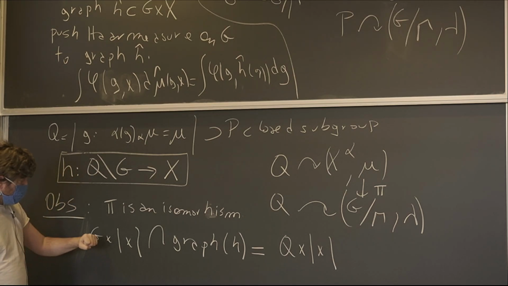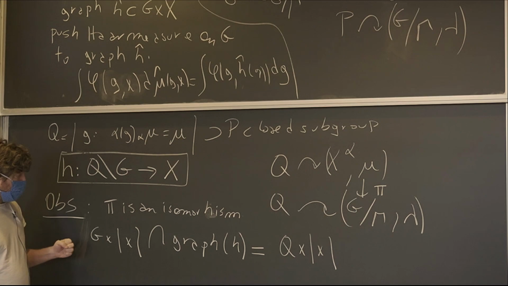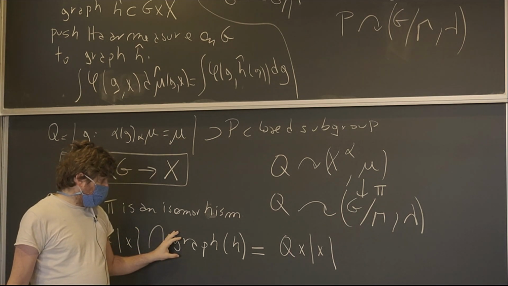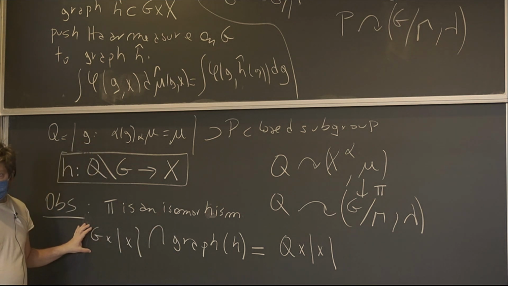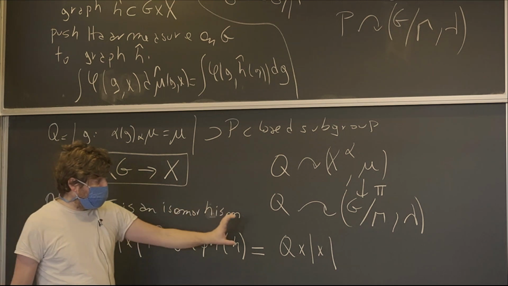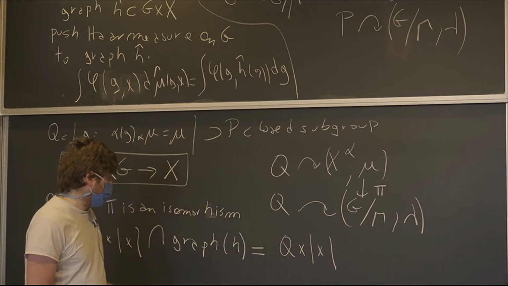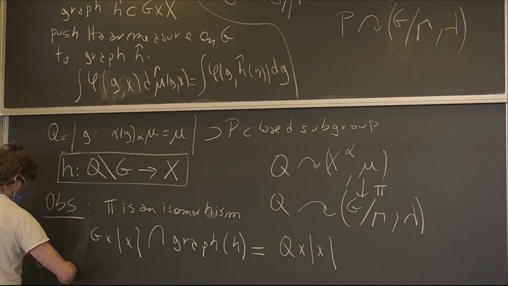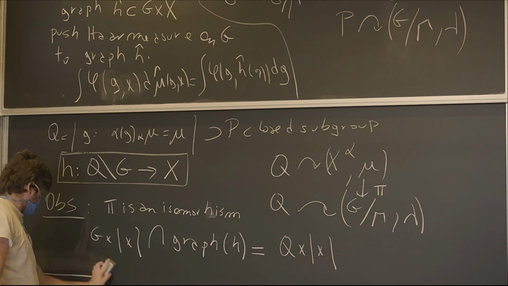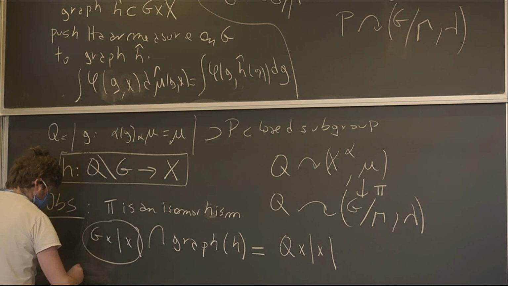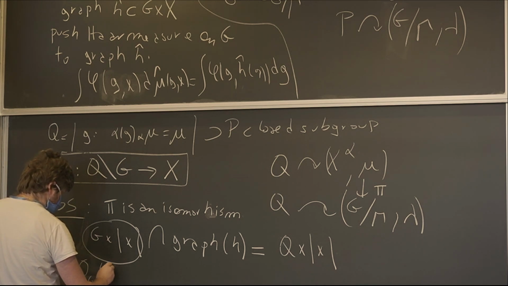And what we are going to do is to do that in terms of measures rather than sets. So we will take the conditional measure. The measure itself, mu, is supported on the graph. Then we condition it to the G orbit, and we want it to be the same as the measure on the Q orbit. So lemma 1 is, okay, before lemma 1, I will call this O_G of the point.